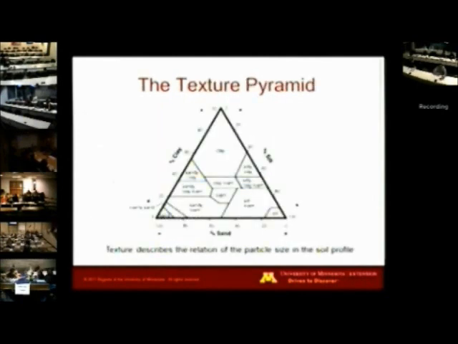In this slide you're looking at the texture pyramid, and basically the texture describes the relation of the particle size and the soil profile. So I believe you can all see the arrow on here. Here we have our percent of clay increasing from 0 up to 100. We have silt over on this side going from 0 to 100%, and sand going from 0 to 100%. So the various combinations of sand, silt, and clay will give us the soils that lie within here.